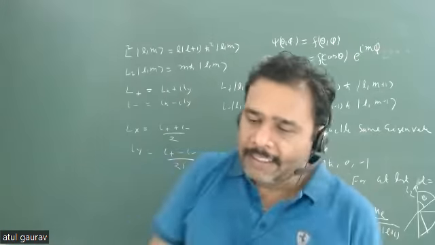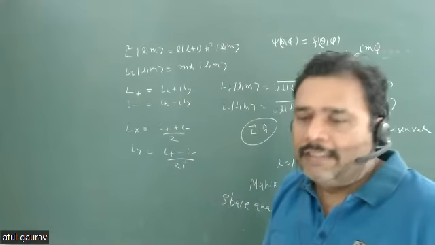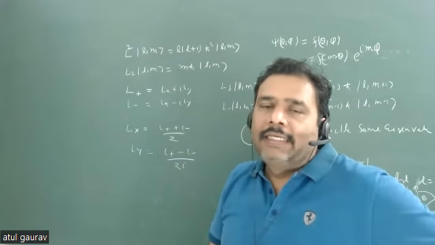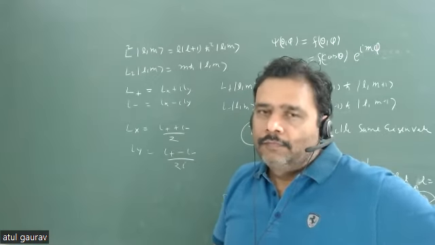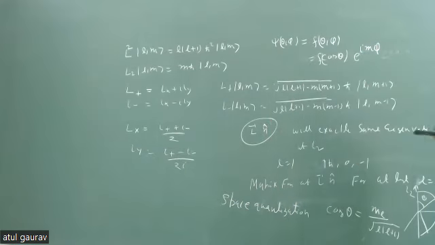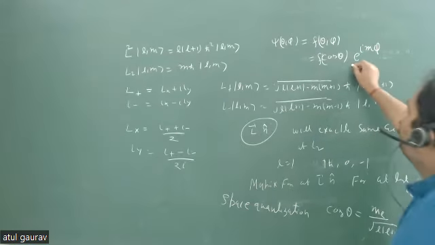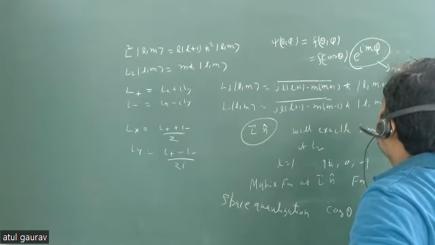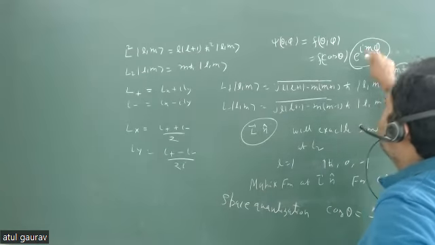So when you see the measurement of Lz, which point will you focus on? For Lz, what will you look at? You will look at m. So you will always see e^{imφ}. So that value is equal to mħ if here is m.